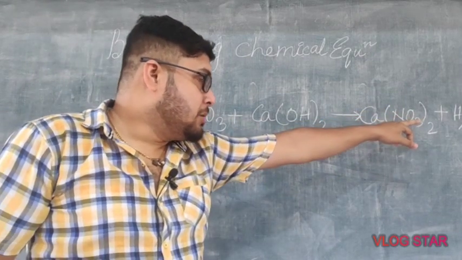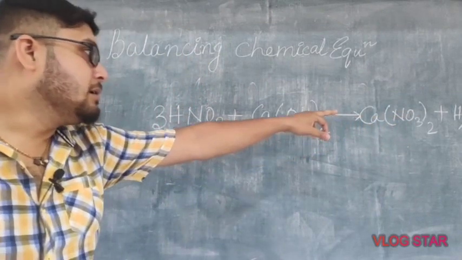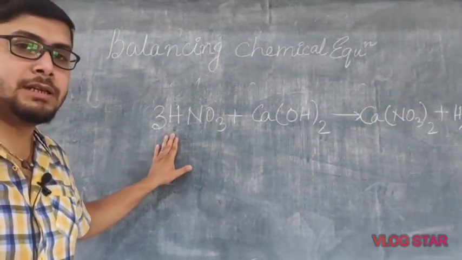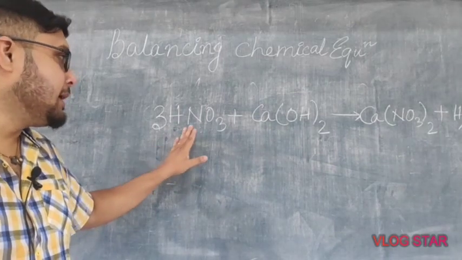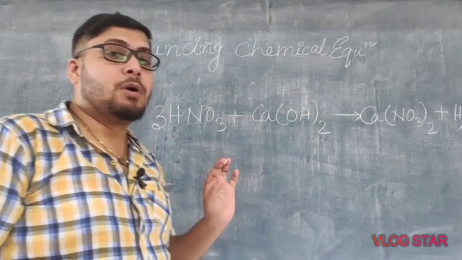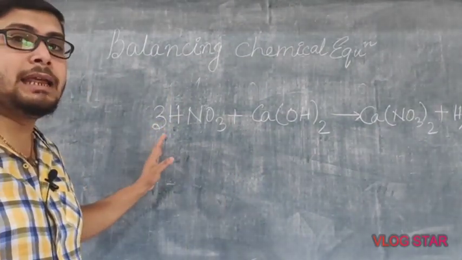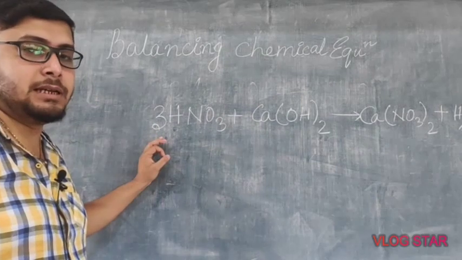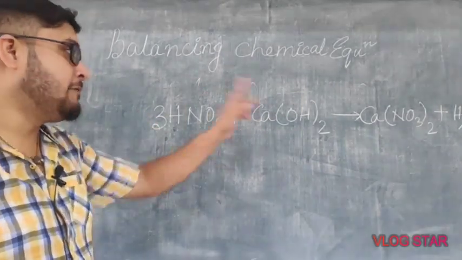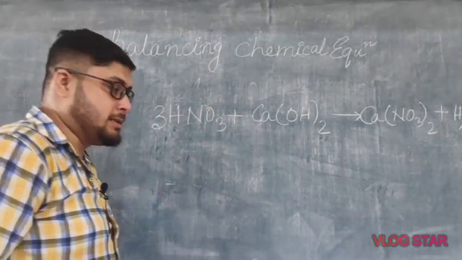Now to balance this equation, if we put here 3, here will be 6. So while putting the coefficients, we have to keep in mind an important point, that we cannot put any separate coefficient. If we put here 3, if we put here 2, both have to be balanced from the reactant side as well as from the product side.